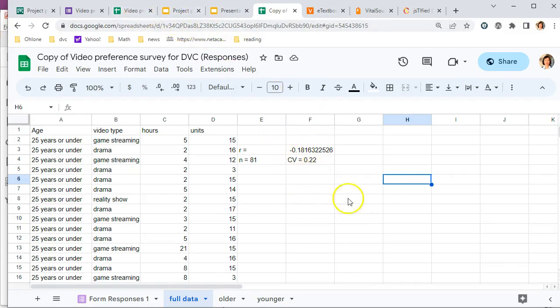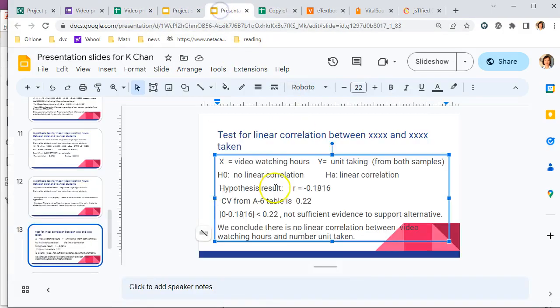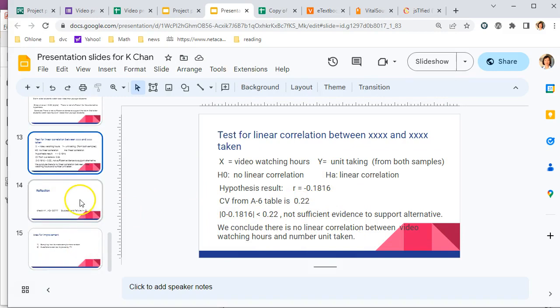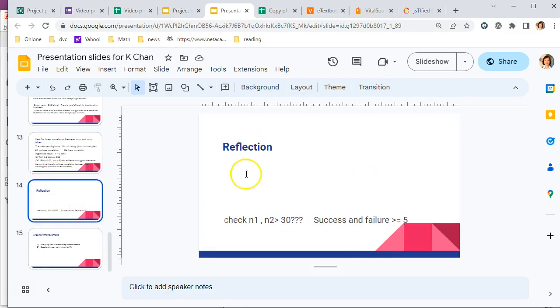So we have completed the 3 required statistical analyses with the results and also the final conclusion written down on our slides. Now this may be too crowded, so you need to work on making it look nicer, because in a lecture slide, you should not have that much information.